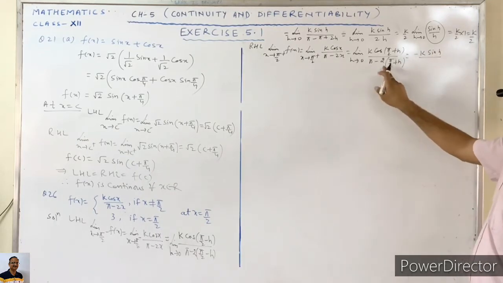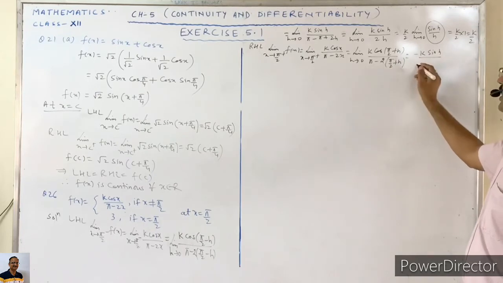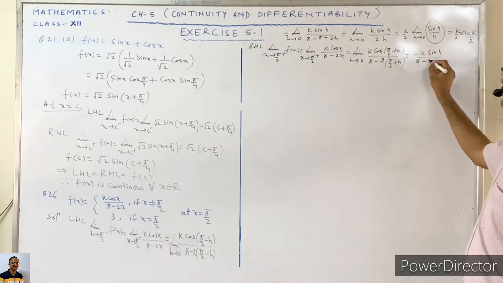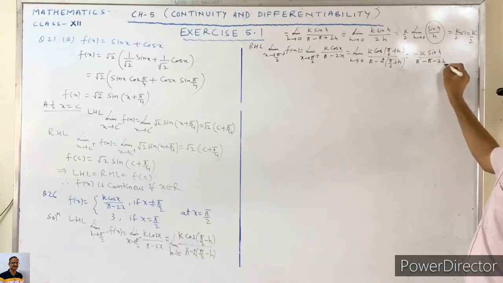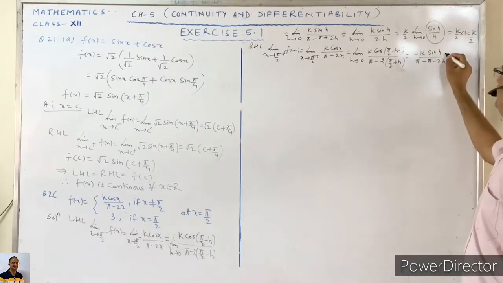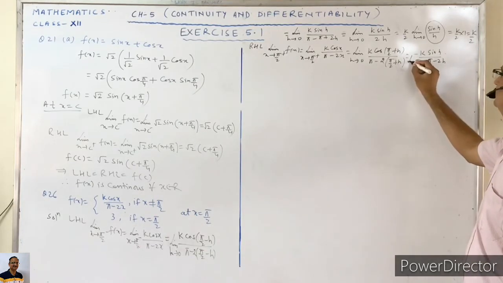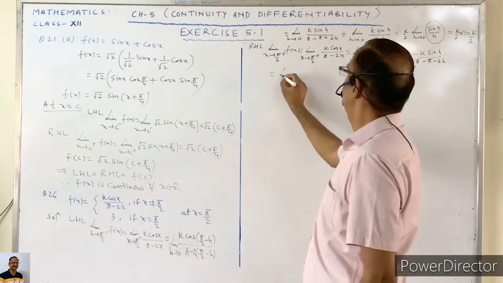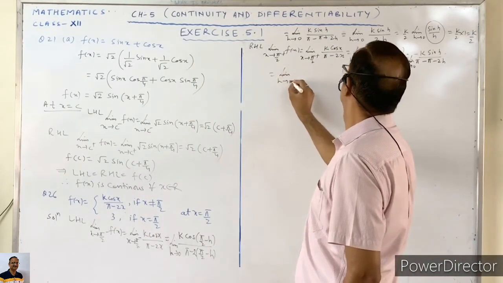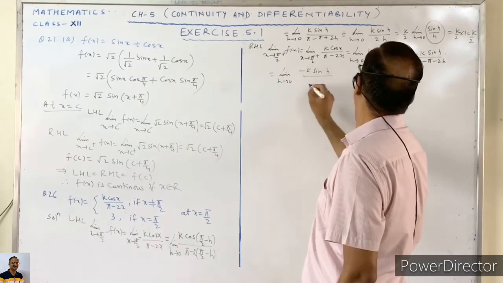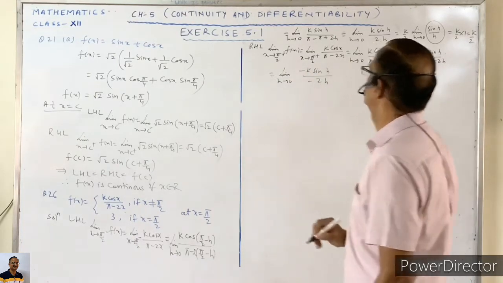In denominator, 2 and 2 will cancel out, and we will get pi minus 2h. Again pi and pi will cancel, and we will get limit h tends to 0 minus k sin h by minus 2h.